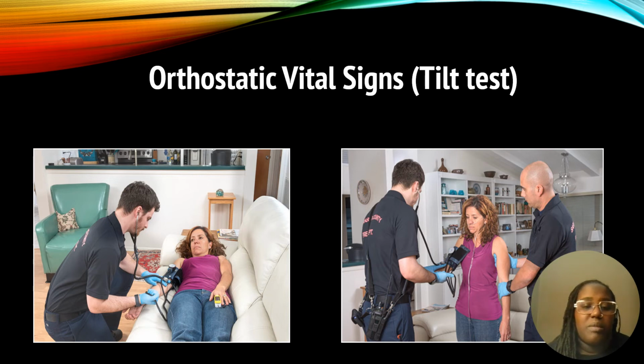For our patients who may have passed out previously, we can assess if low blood volume is the reason why they passed out. So what we're going to do is have our patient lay down, sit up, and stand up, and we're going to assess their blood pressure in these different positions. We're also going to be assessing their pulse rate. If their heart rate increases somewhere between 10 or 20, then we know that that's a positive sign.